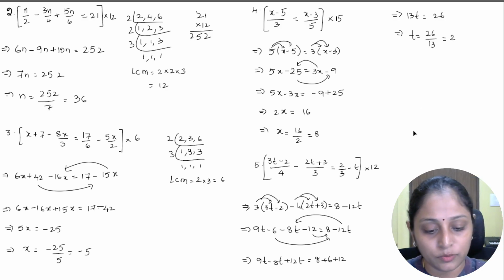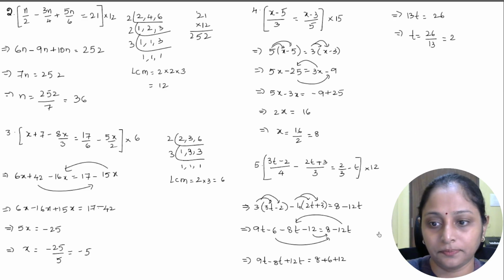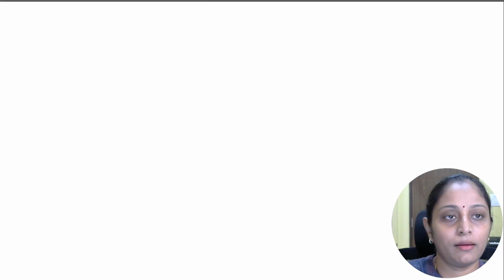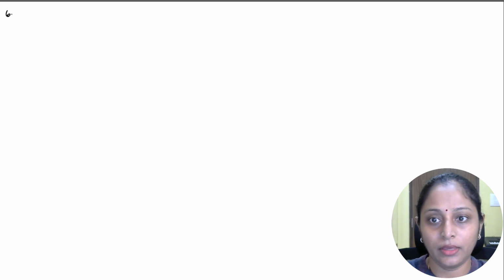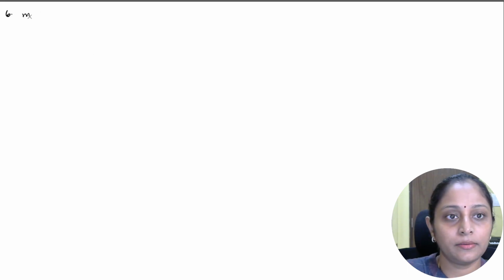Let's move on to the sixth sum. m minus 1 by 2 is equal to 1 minus (m minus 2) by 3.